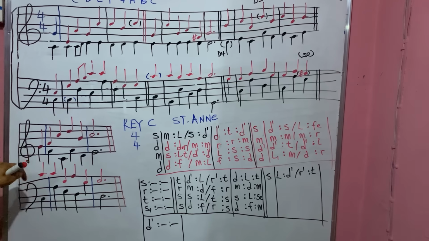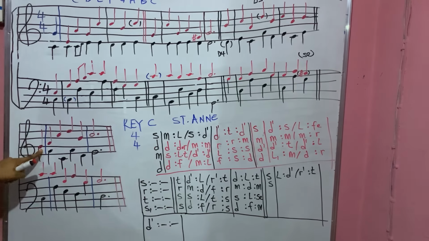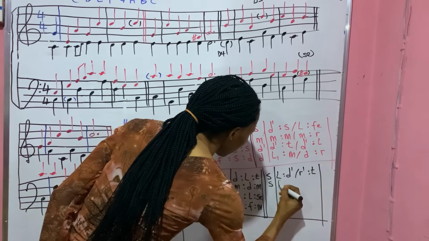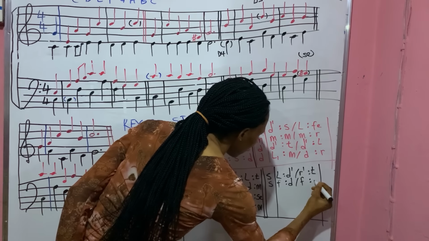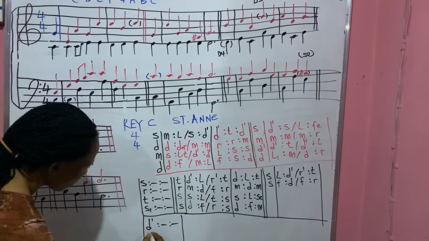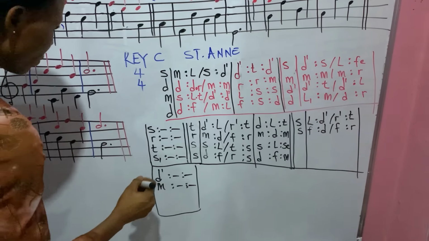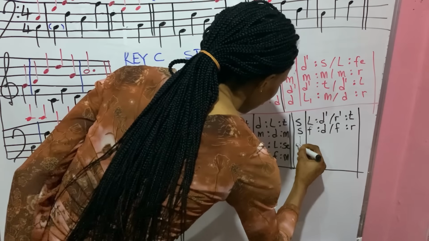Then we have here the same shade so for alto. So we have here Fa, Do, Fa, Re, Mi. So we have Fa, Do, Fa, Re, Mi. We have Do, Do, So, La, So, So. So we have here octave Do.